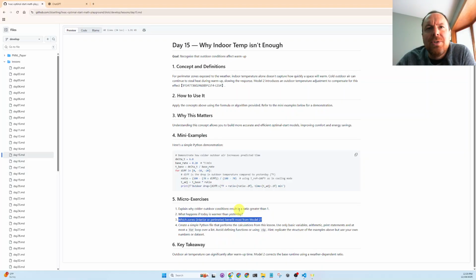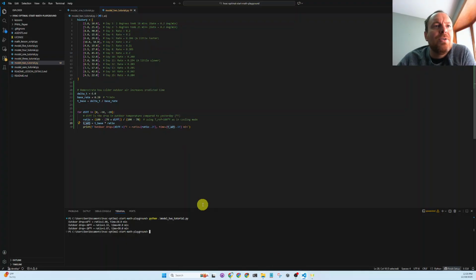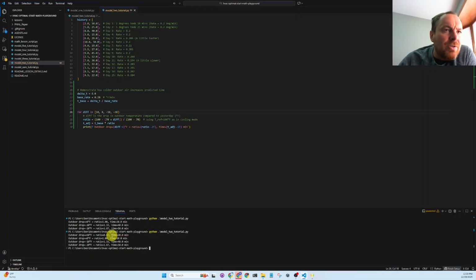Explain why outside air temperature results in a ratio greater than 1. So I think what they're getting at with this is, if we put a value of 10 in here, see how our ratio goes down.